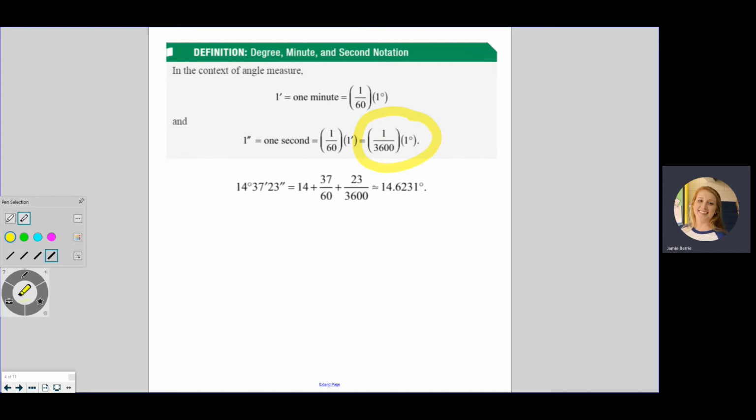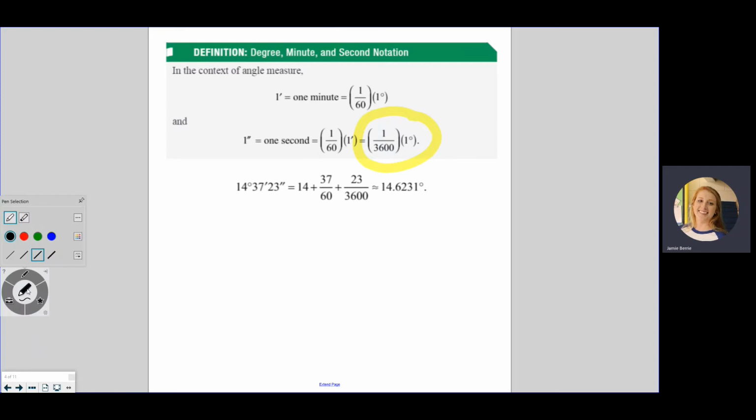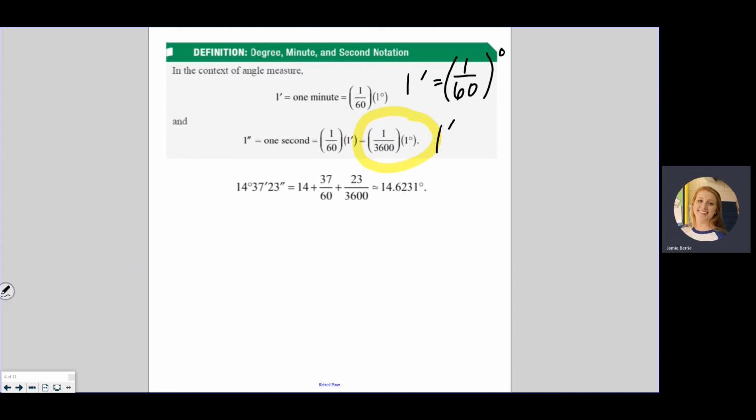All right, so if I was trying to condense this down to write it as small as possible, I would say 1 minute equals 1/60 degrees. 1 second equals 1/3600 degrees.